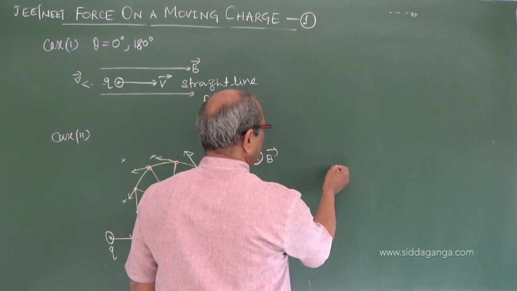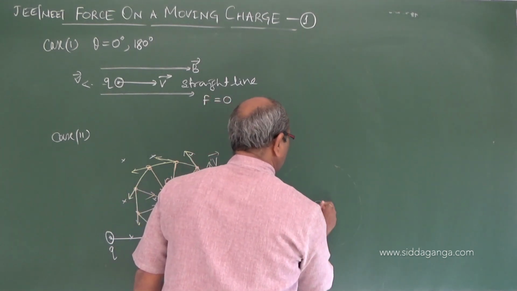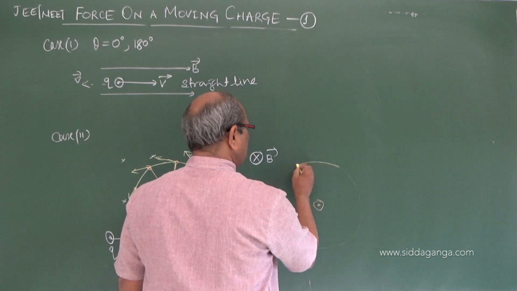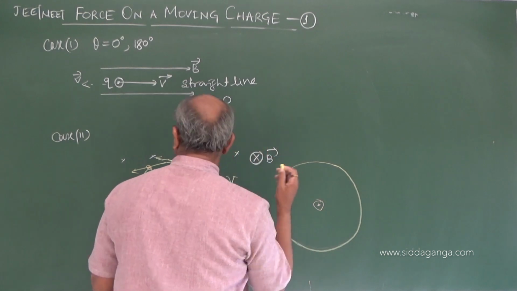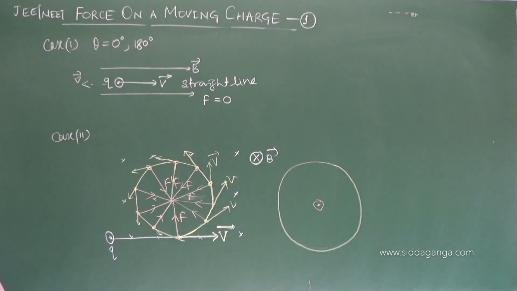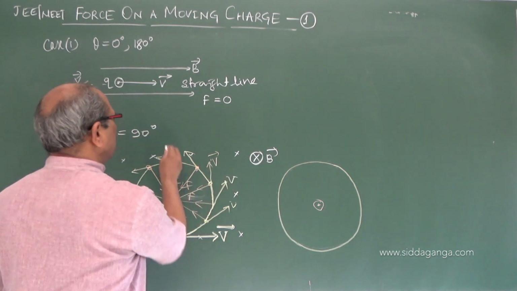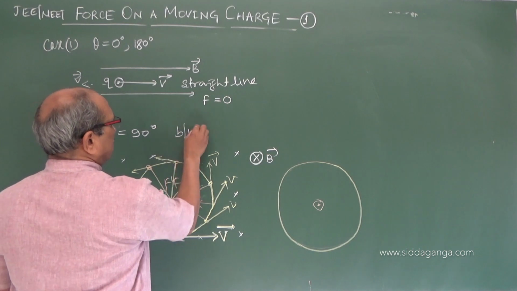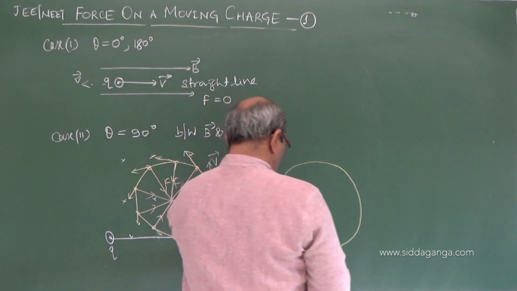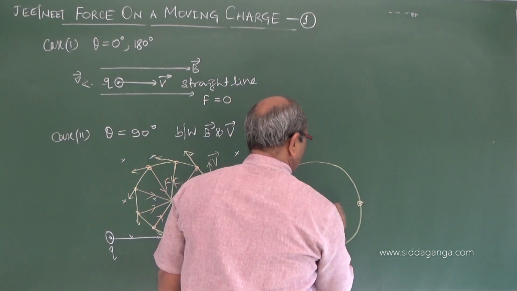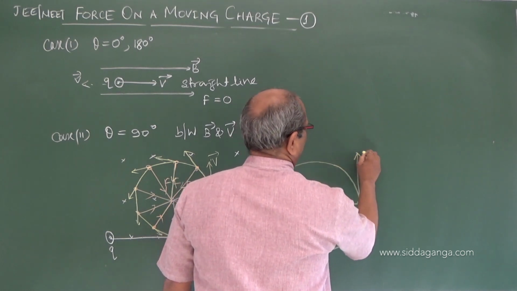If this is the field, just imagine the charge describing a circle when it enters perpendicular to the magnetic field, that is, theta equal to 90 degrees, the angle between B and V. So at this point you can see the force is acting inward and the velocity vector is upward.